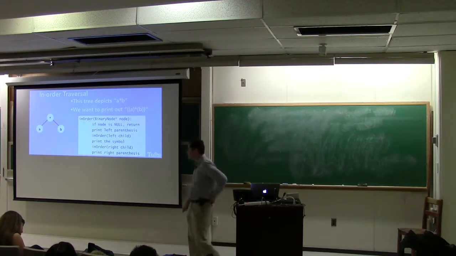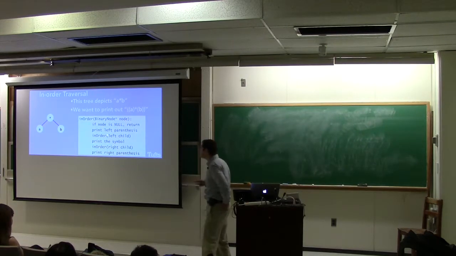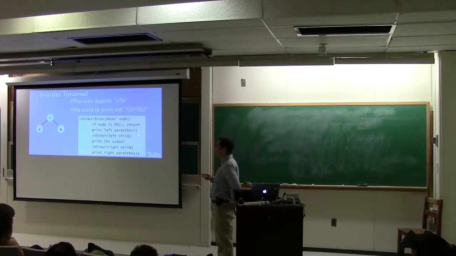This is a recursive function that takes in the root in this case. If the node is null, return. That's our base case, right? Otherwise, we print a left parenthesis, and then we do in-order left child, and then we print the symbol, and then we do in-order right child, and then we print a right parenthesis, right?